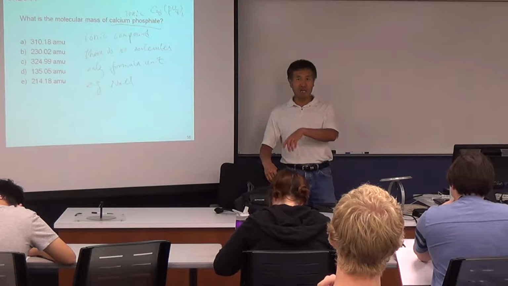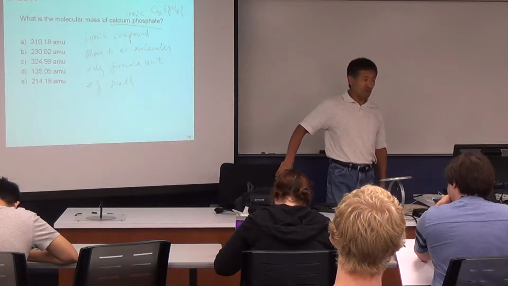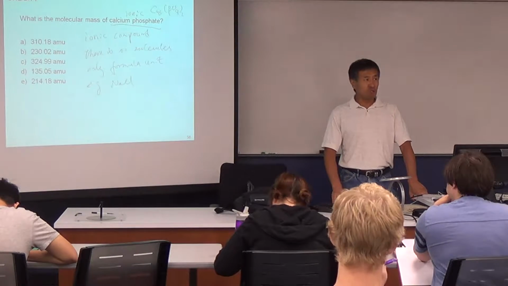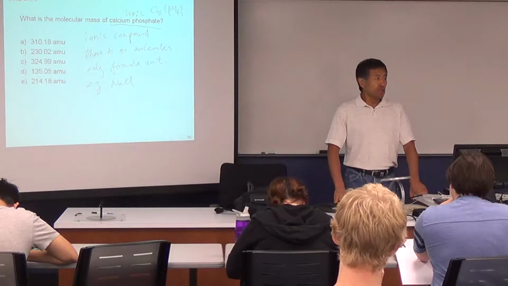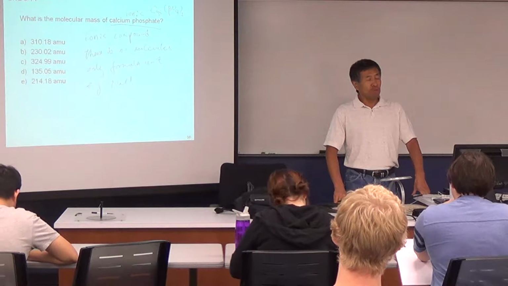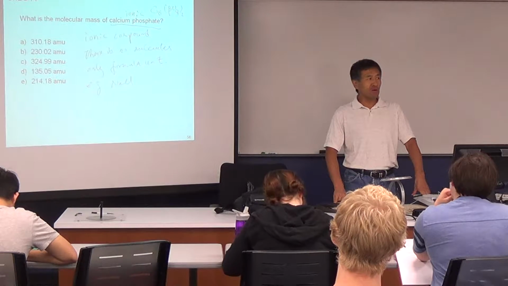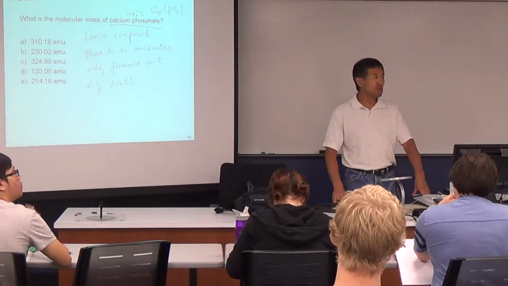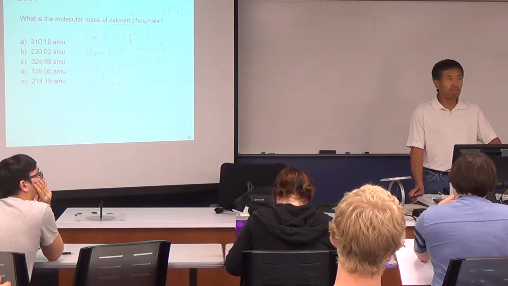You have to convert the AMU into grams. But if you don't want to do any conversions, you just calculate the mass of one molecule using the molecular formula and the periodic table. Any questions?